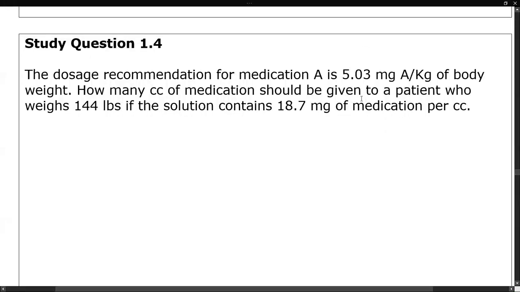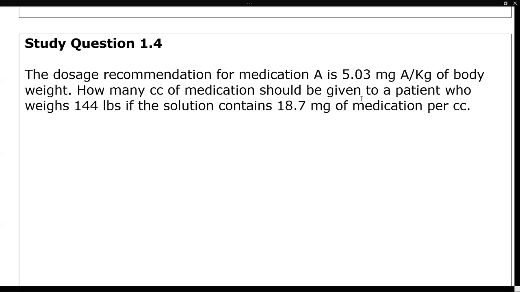All right, this problem is one of our study questions, but it's a drug conversion. This one's a little different than other problems that were in this presentation in that most of what you need is right here in the problem. The dosage recommendation for a medication is 5.03 milligrams of that medication per kilogram of body weight.